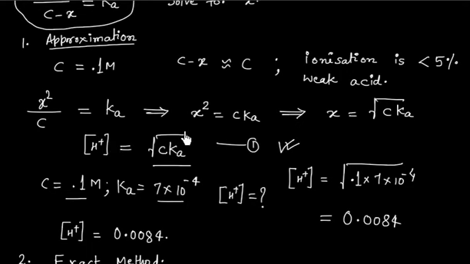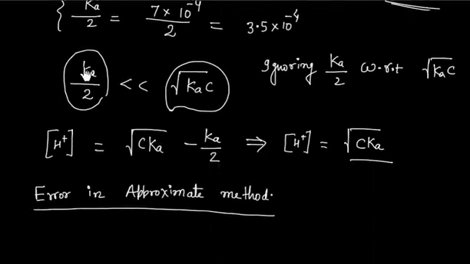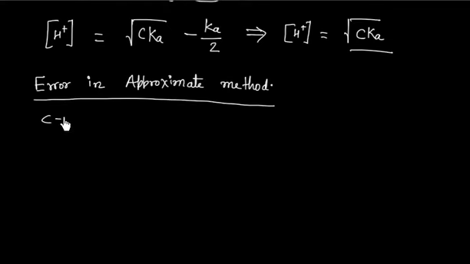So what I am doing in this method, in solving this, I am writing c minus x is equal to c. This is the error. So we are basically making an error of x. Are you getting or not? So what is the error in this case?